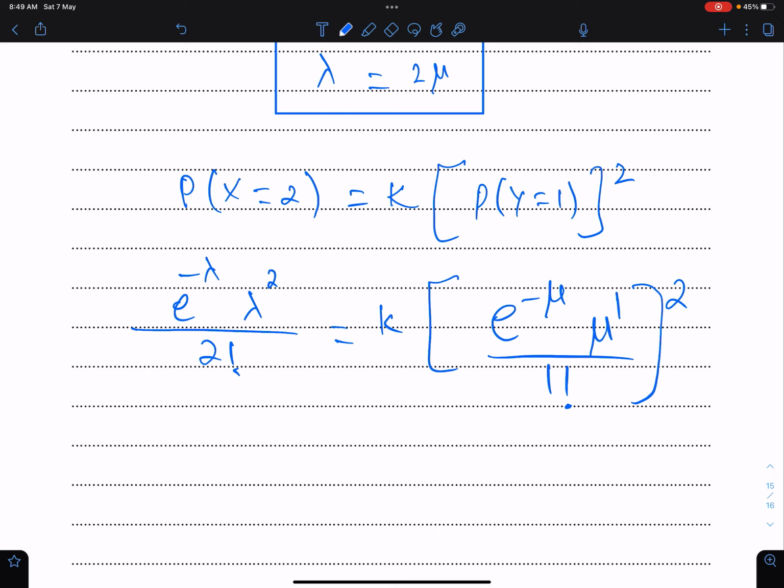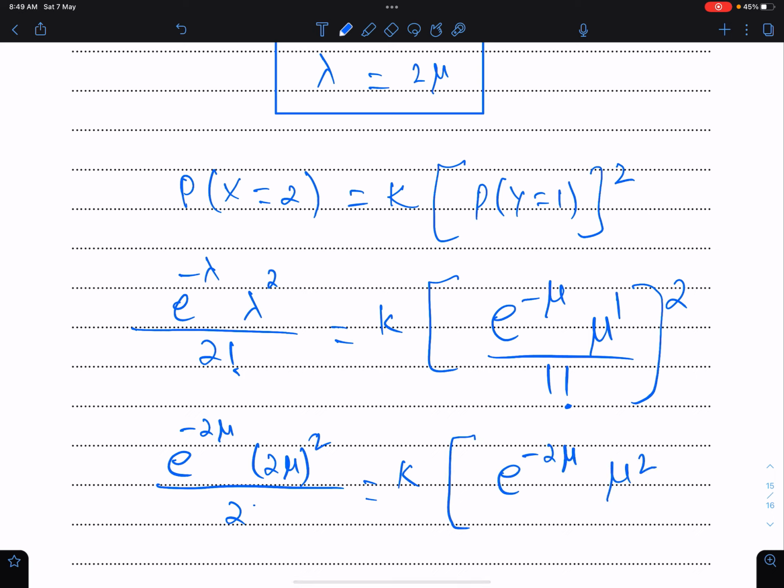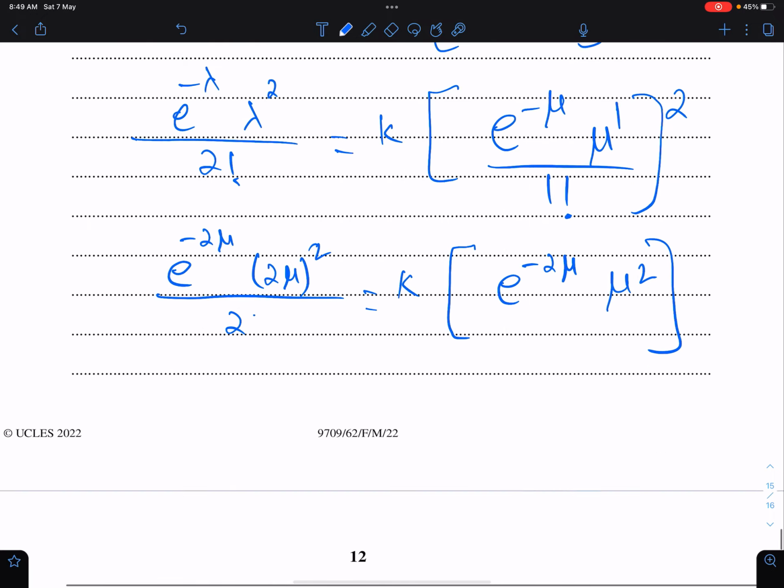Now we have to put the value of lambda here. So e power minus 2 mu, this is 2 mu whole square over 2 factorial, which means 2. This is e power minus 2 mu, mu square, and 1 factorial means 1.